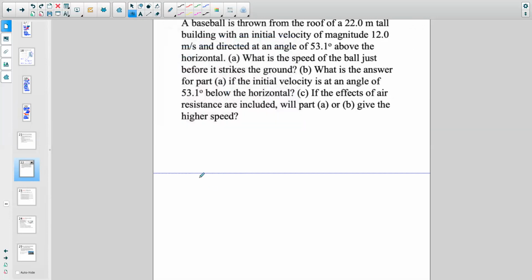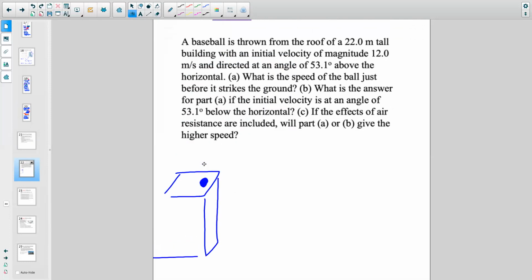kind of like this. So I'm going to sketch the problem, all right? And then I have a ball or an object thrown out from the roof of the 22-meter tall building. So I know this height is 22 meters. And the magnitude of this initial velocity is 12 meters per second, okay?